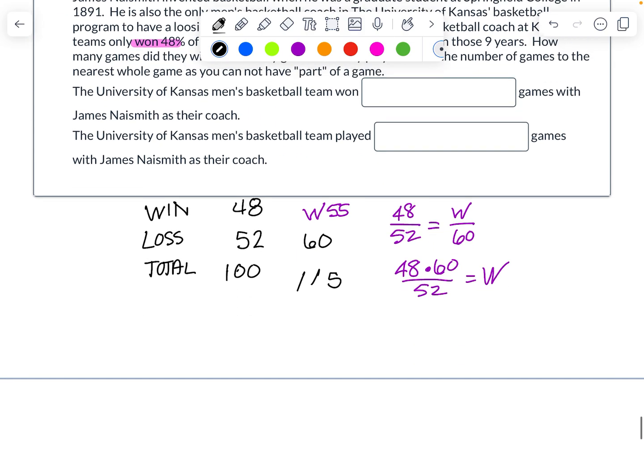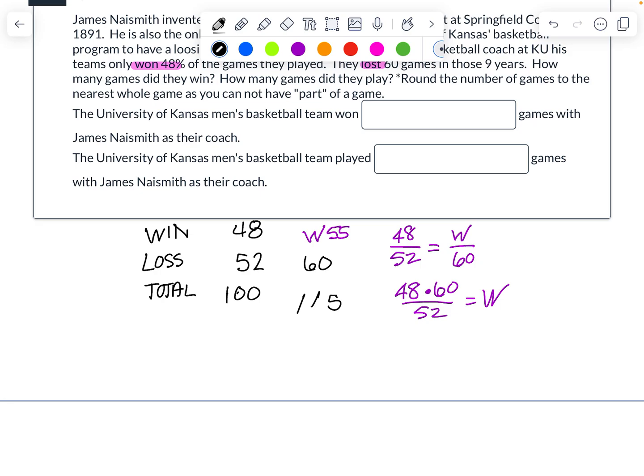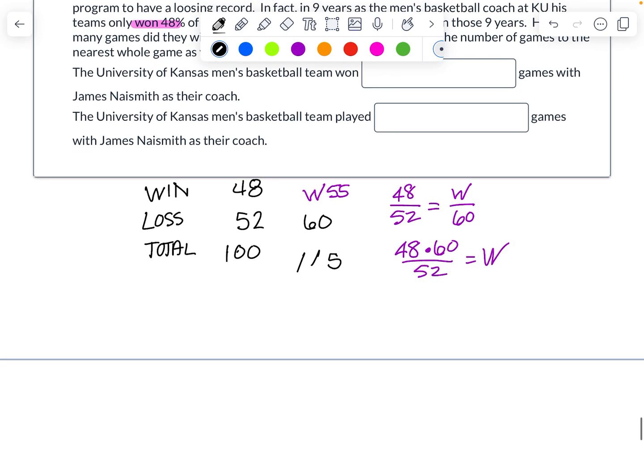Now, you say, Mrs. Leonard, I didn't do it that way. That's fine. It should still come out the same. This is probably where I'm going to be unhappy with myself for doing this again. Wins, 48. Losses, 52%. Total, 100%, 60 games. Let's find the total.